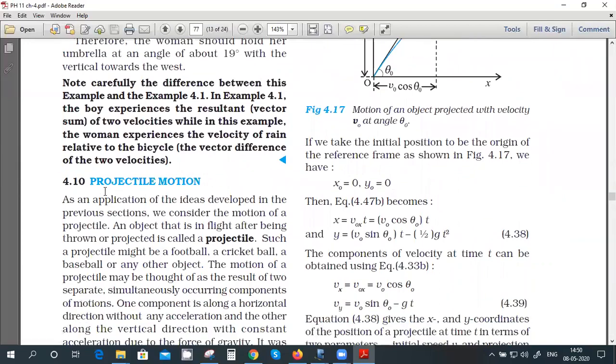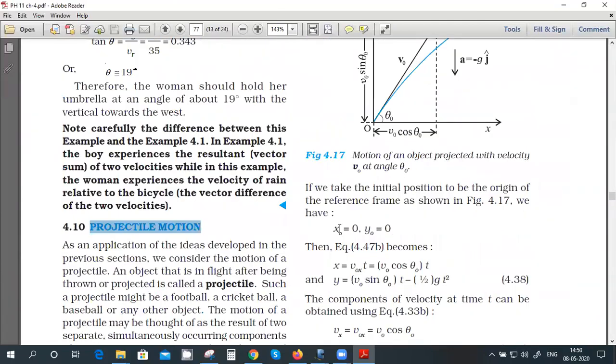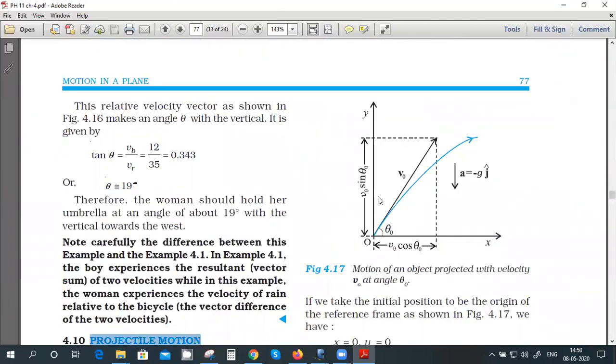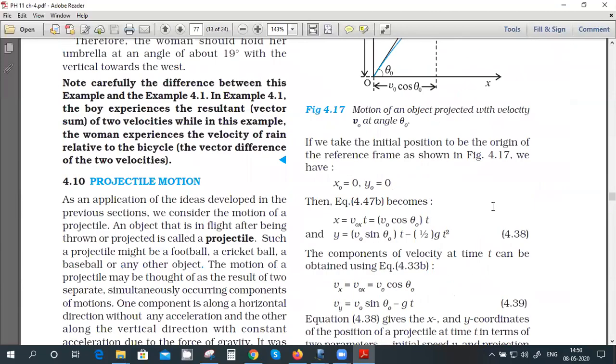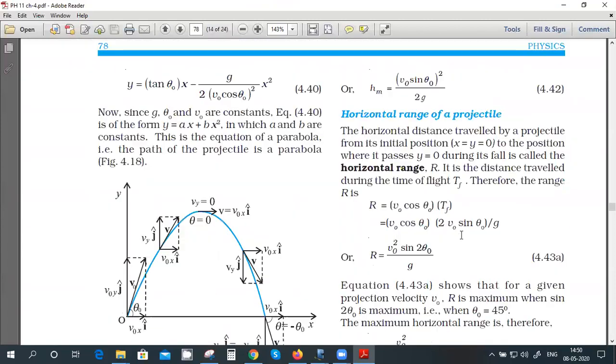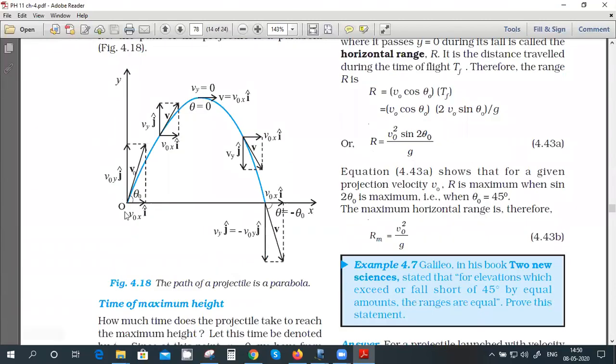This is projectile motion. It has been thrown at an angle, and acceleration is minus g j cap. So from the picture you can see the length of the horizontal vector.